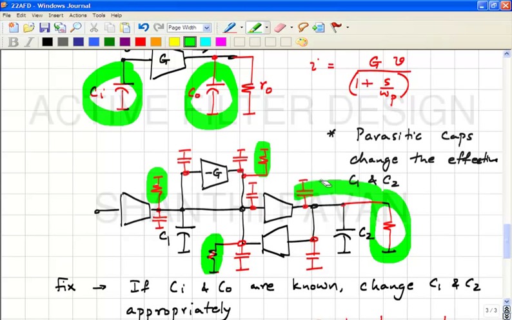Let's assume that all the transconductors are G. Let's say this is RO. What is the gain at DC? If RO is infinite, what will be the gain at DC? 1. Okay, what will be the gain now? How much will it be? How do you get that?